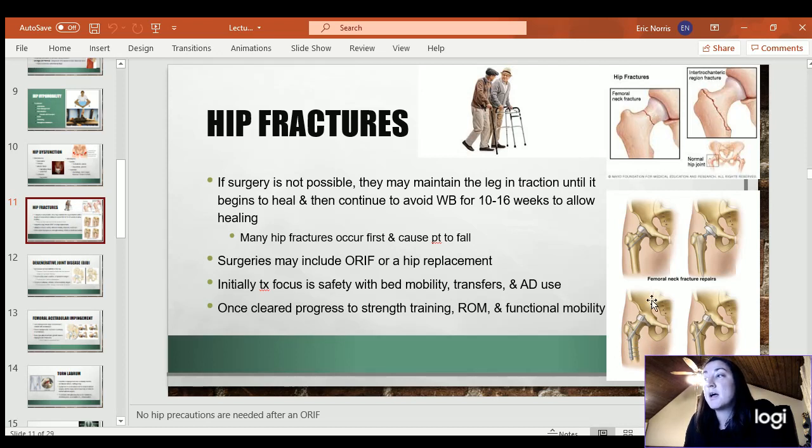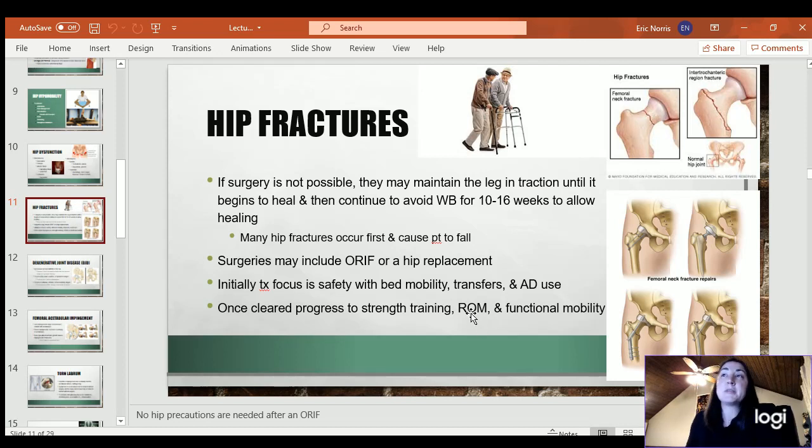So there are different ways of fixing that, depending on which portion is broken and the viability of the bone that's left. If they have significant osteoporosis, then drilling anything into the bone is actually going to create more broken pieces because it's so brittle. And that might be just someone who has no surgery, or maybe they have extra precautions put in place to keep the bone from shattering when they drill into it.